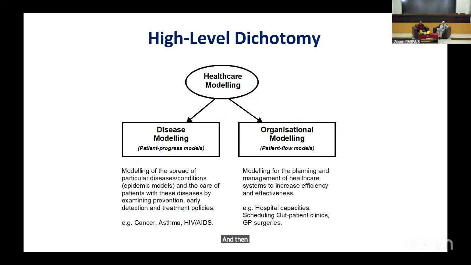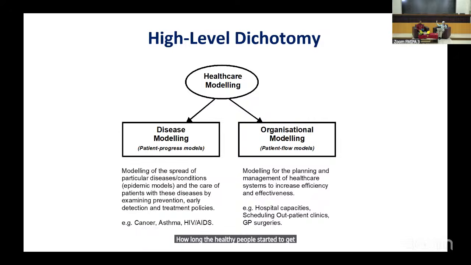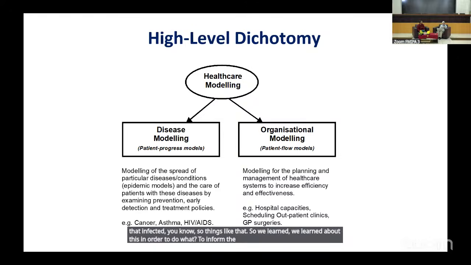And then we also look at the progression within a person. For example, since the onset of, say, someone contracting TB and connecting with other people who are healthy, and then since that first connection, how long it takes for the healthy people to get infected. Things like that. So we learn about this in order to do what? To inform the policymaker what type of policy may be implemented to suit a certain context.